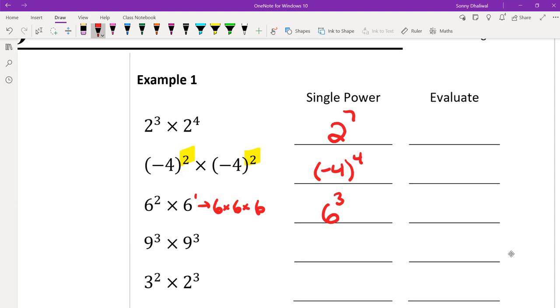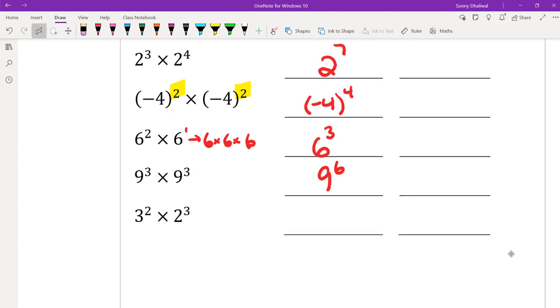Okay. Next one. What's the base? 9. What's the exponent? 6. Good. Next one. What's the base? 3 and 2? We want to write this as a single power. No, I'm tricking you.